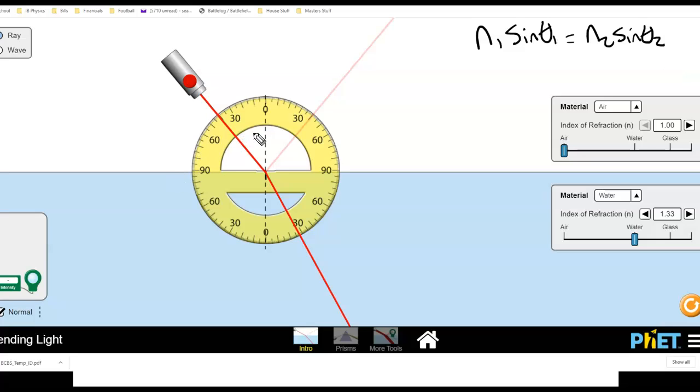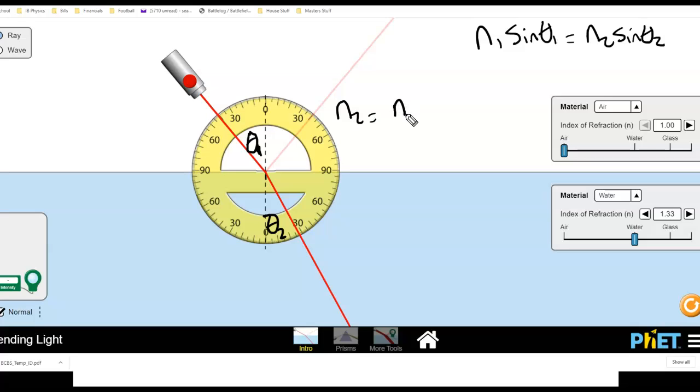I can easily measure theta 1. That would be this angle right here. Remember, you always measure with respect to the normal. So this would be the angle of incidence, and theta 2 would be the angle of refraction.